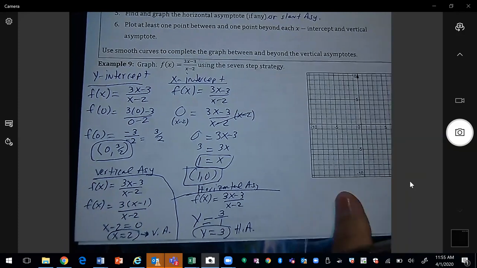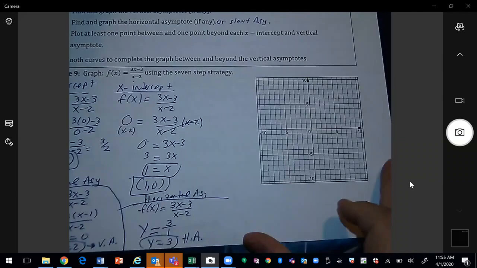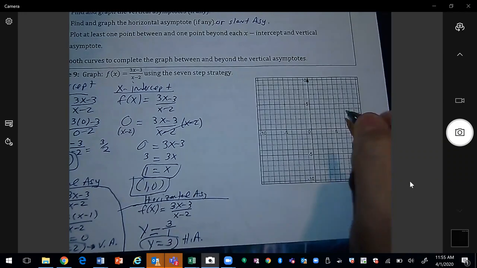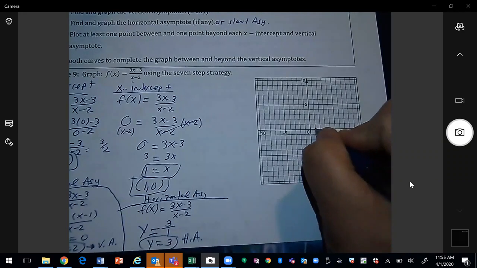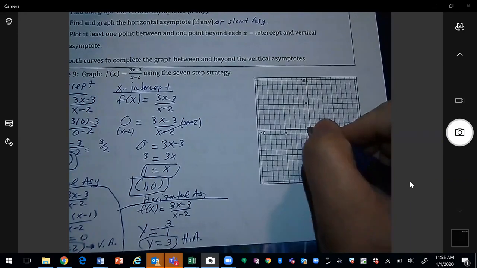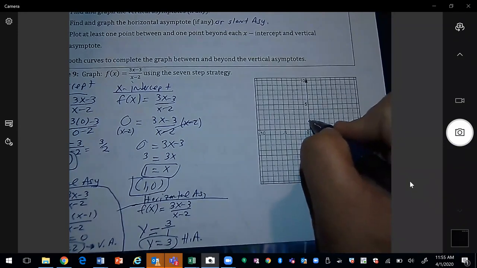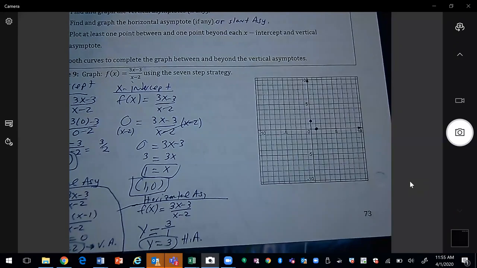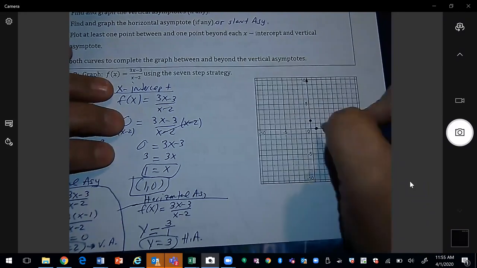Okay, so we plot this information over here. We have (1, 0) right here. (0, 3/2) is going to be 1.5, so maybe right here. And the vertical asymptote is x equals 2.